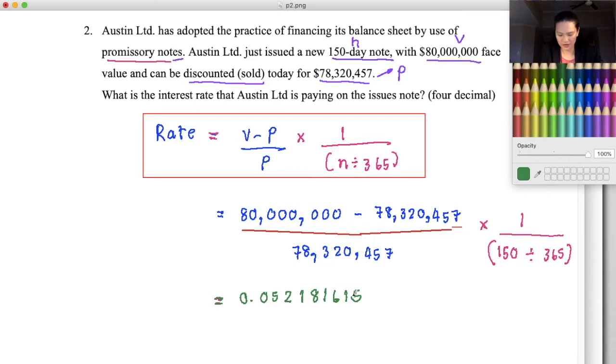You get the answer, and then multiply by 1 divided by 150 divided by 365. Alright, that's what I get for the double check. Woo! I get 0.052181615, the same number. Multiply by 100, it's going to be 5.2182%, and your rate is 5.2182%. This is your answer.